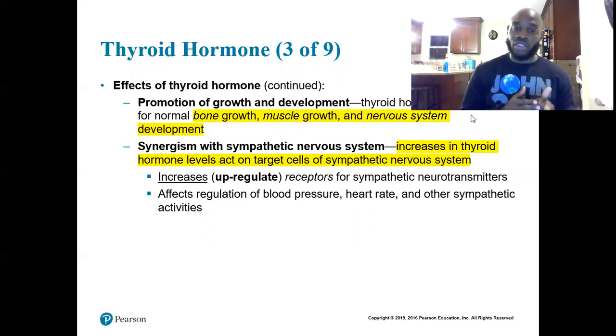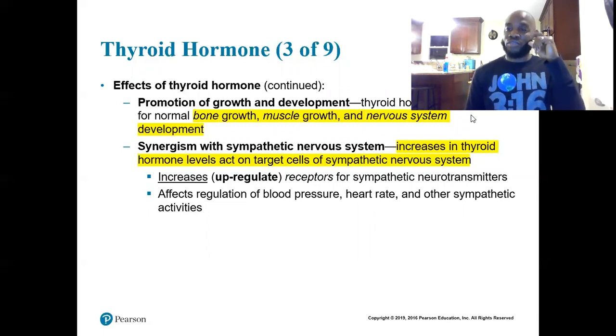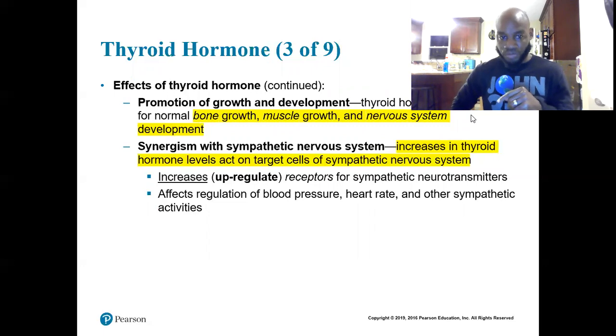So thyroid helps with your sympathetic nervous system, so that's going to affect the things that your sympathetic nervous system affects: blood pressure, heart rate, right? Remember, sympathetic nervous system, eyes, pupils dilate, breathe in more, faster heart rate, stronger heart pump, all these things.